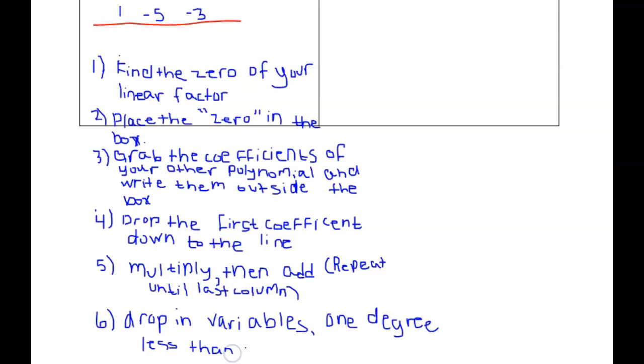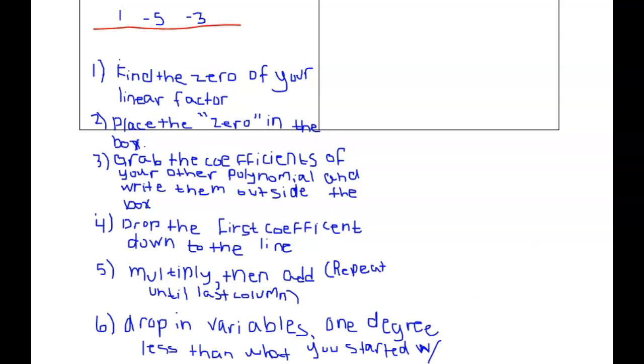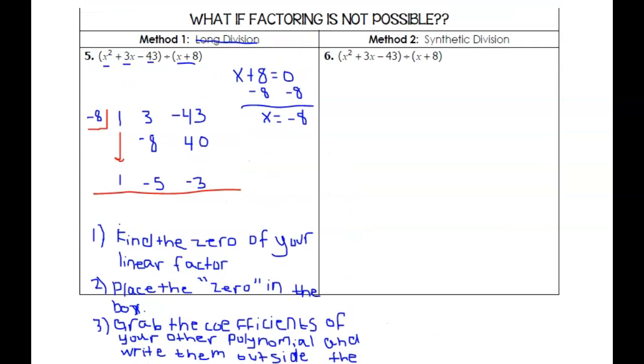So what do I mean by 1 degree less than what you started with? Well, if we look at the polynomial, we started with an x squared. So I'm going to now drop in variables with these coefficients 1 degree less, x to the first power. So I have x minus 5 as my solution.